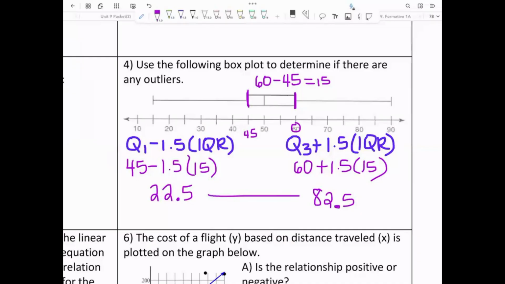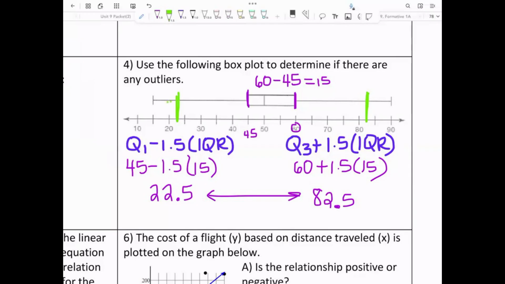So anything between these two numbers is fine, and those two numbers by themselves are fine, but anything beyond that, if it's lower than 22.5 or higher than 82.5, it's going to be an outlier. So 22.5 is about right there, and 82.5 is about right there. So we do know we have at least two outliers.